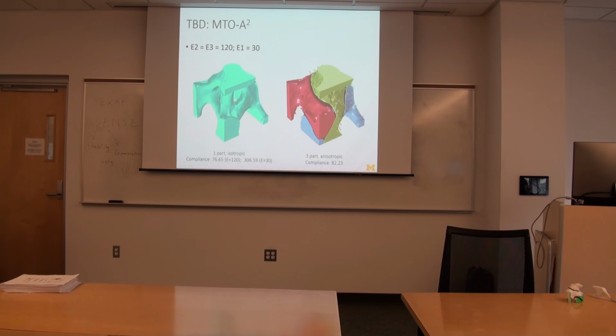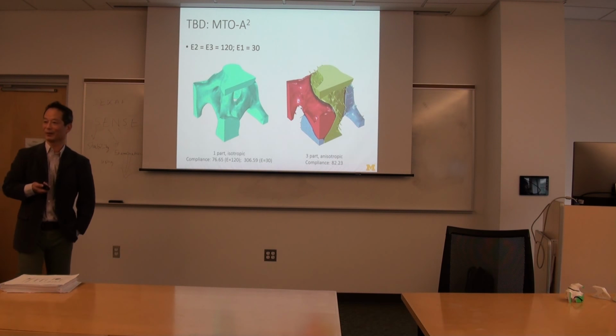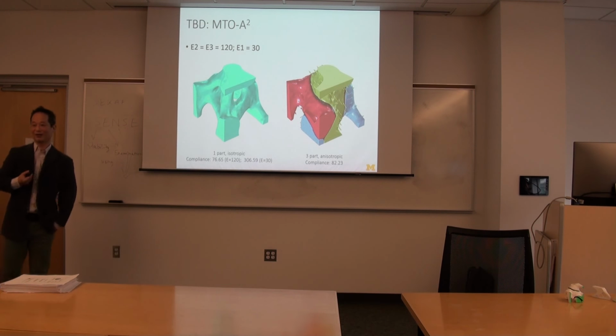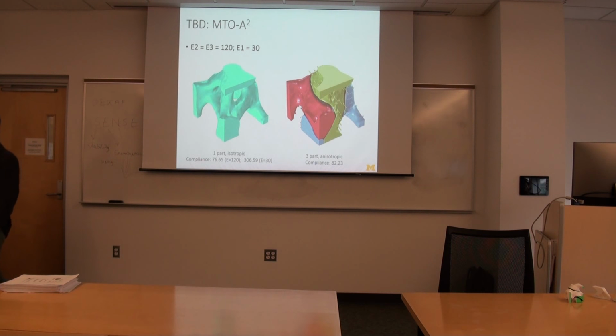Beyond that, one thing which is about to come out from the lab for publication is the anisotropic version of MTO for additive. It's MTO applied for additive, but the anisotropic material property is also designed, which really corresponds to the view direction of a component.